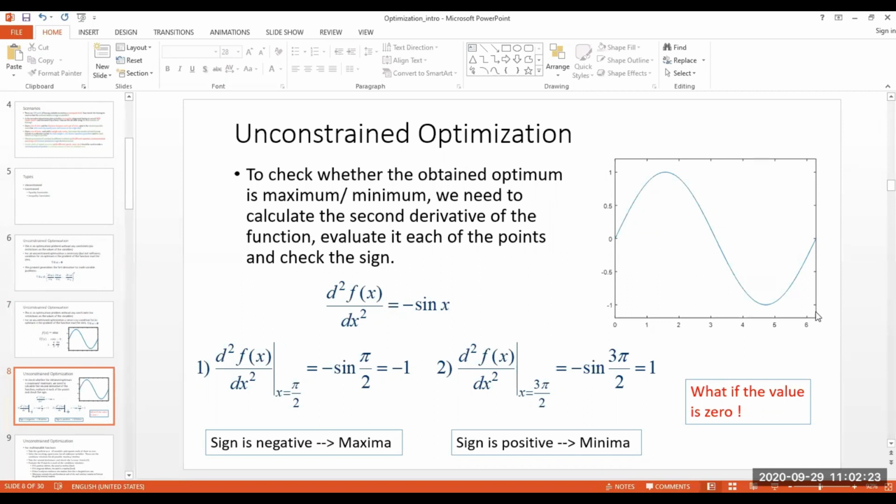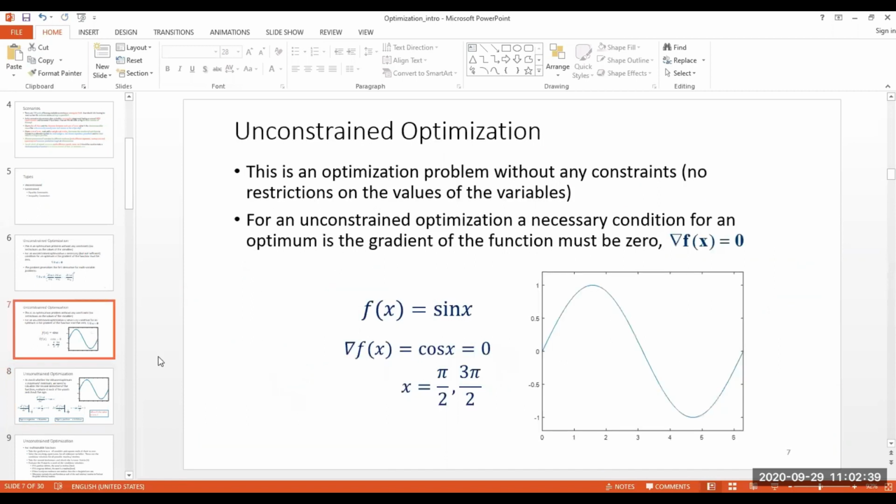To differentiate between them, I have to go for the second derivative and evaluate that expression at the points of interest. So the x values of the probable optimums are x equal to pi by 2 and x equal to 3 pi by 2. I have to check the second derivative expression at these 2 points.